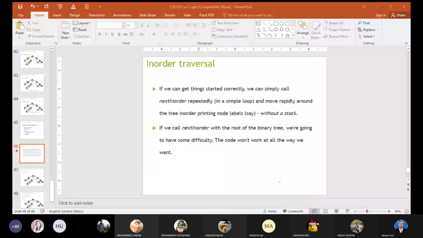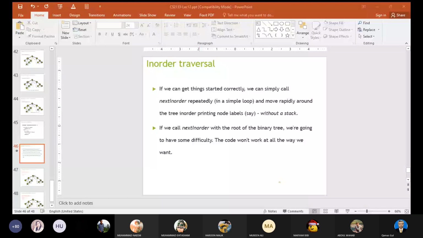And in this routine or function, which is called next in order, we have the if condition and we have a while loop. And these two decide the in-order traversing of a threaded binary tree.